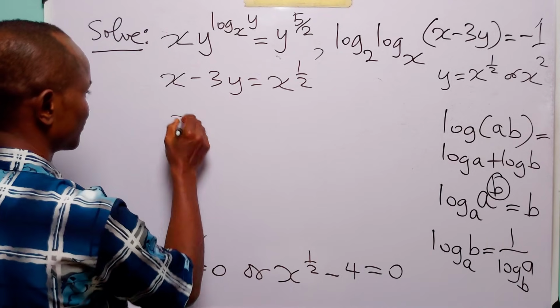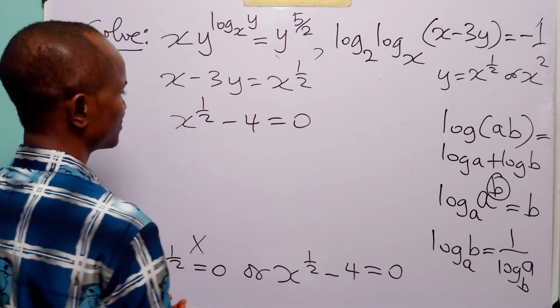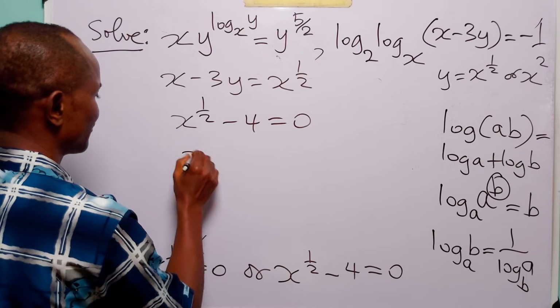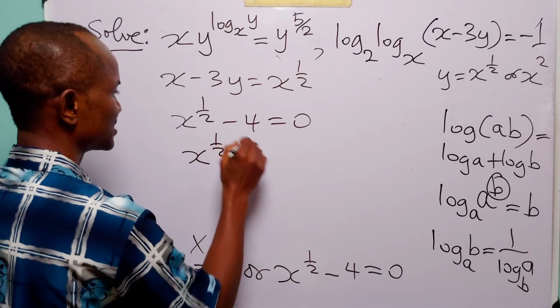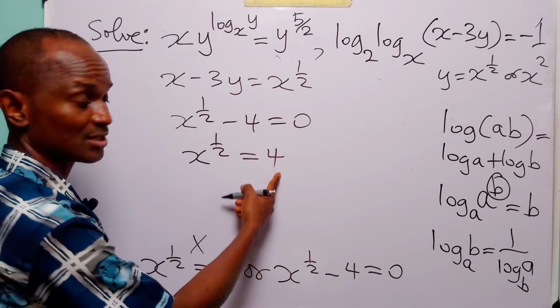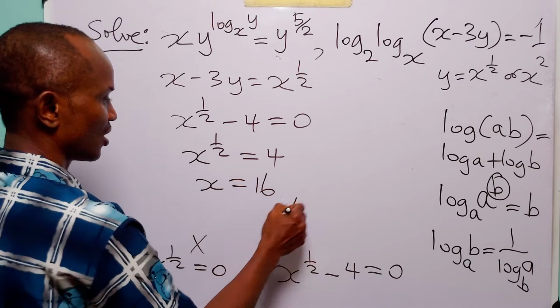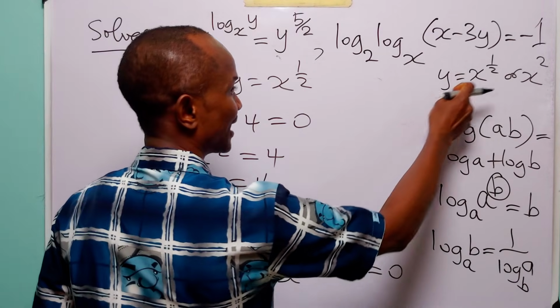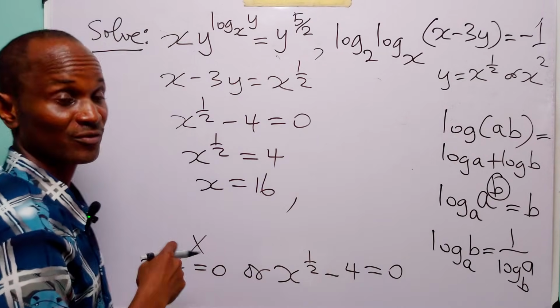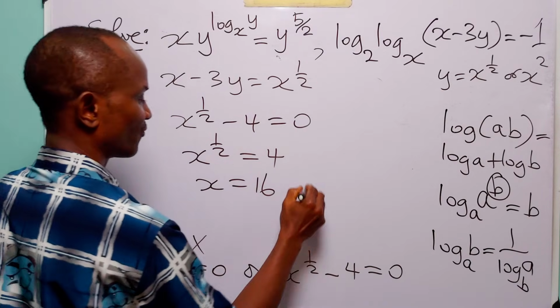So we have that x to the power half minus 4 is equal to 0. From here, we have that x to the power half is equal to 4. And squaring both sides of this equation, we have that x is equal to 16. Of course, since y is equal to x to the power half, that means that y is equal to 4.